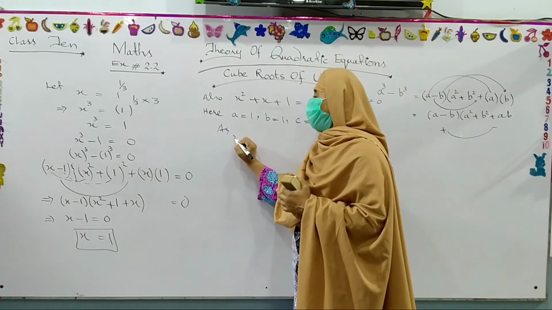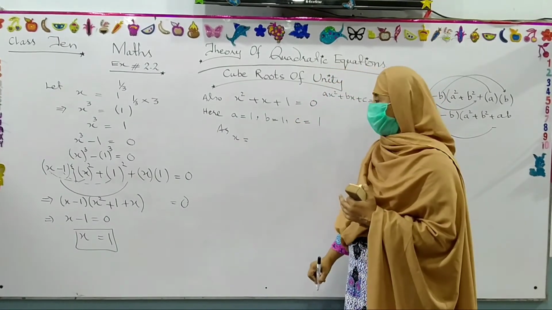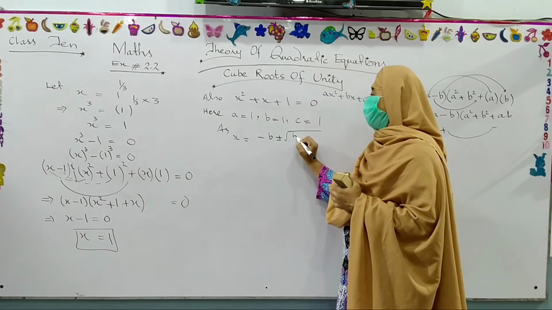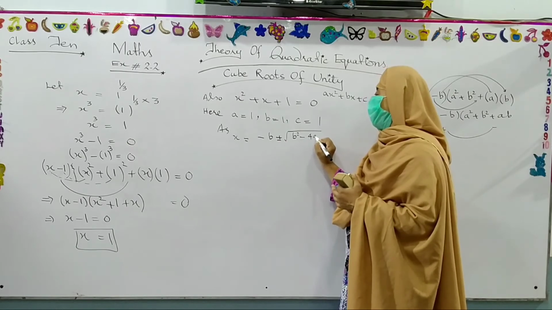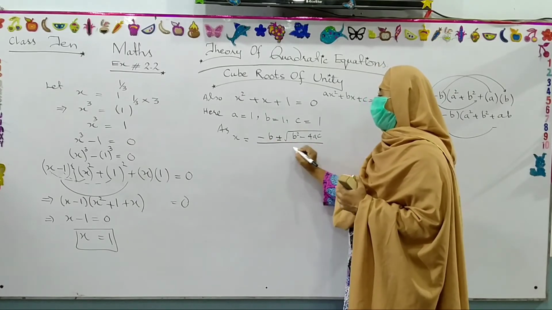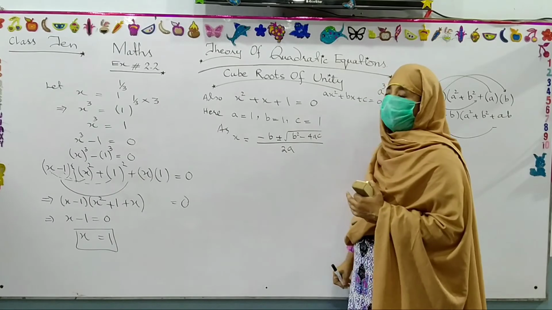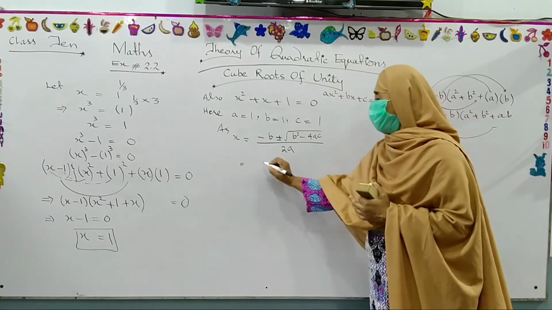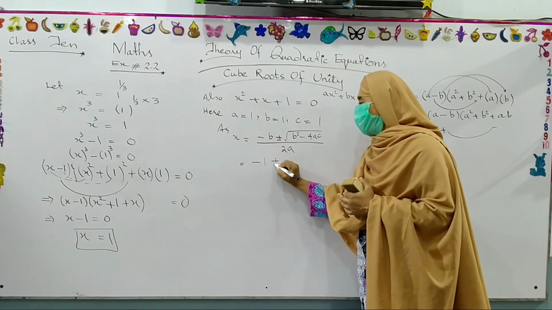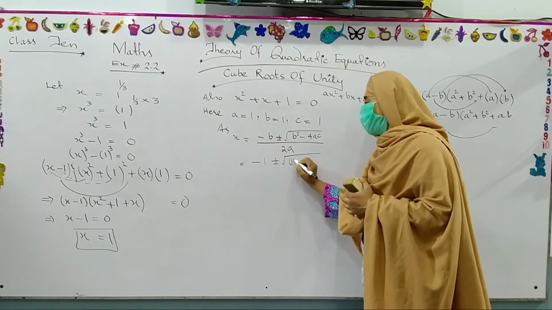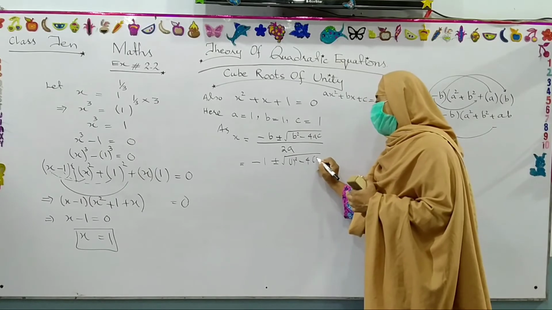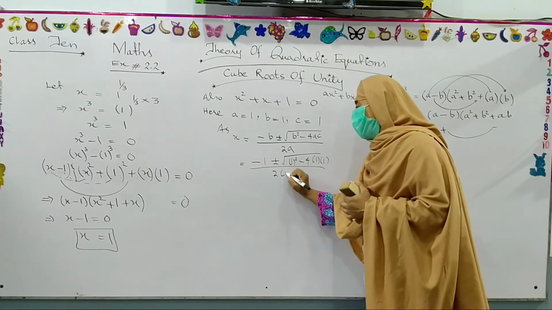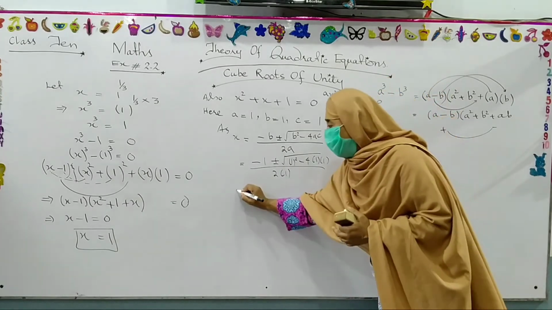As x is equal to, I know the quadratic formula, minus b plus minus square root of b square minus 4ac whole divided by 2a. This is the quadratic formula. Now I will substitute the values: minus 1 plus minus square root of 1 square minus 4 into 1 into 1, whole divided by 2 into 1.